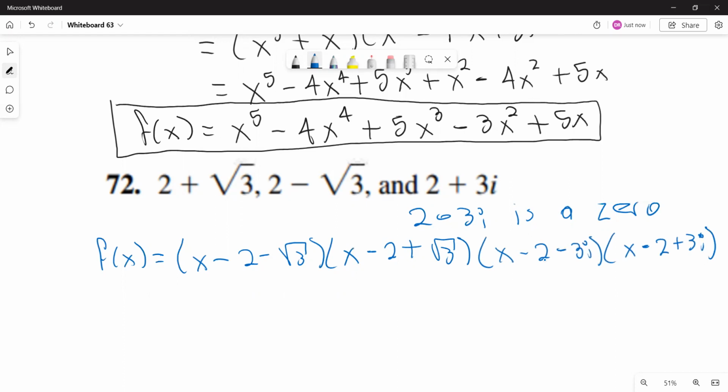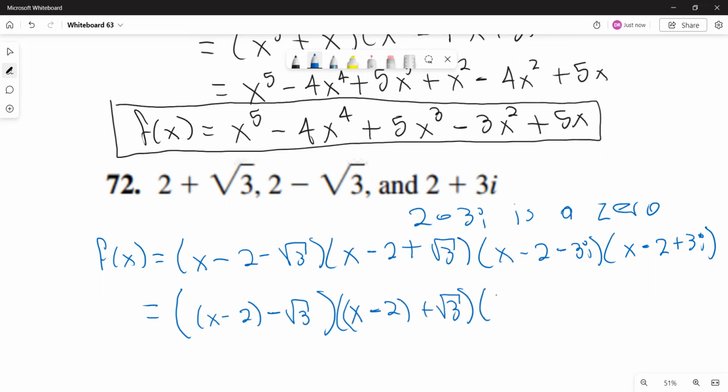Okay, so we're going to do some things. We're going to group the x minus 2. This is x minus 2 minus square root of 3 and x minus 2 plus square root of 3.